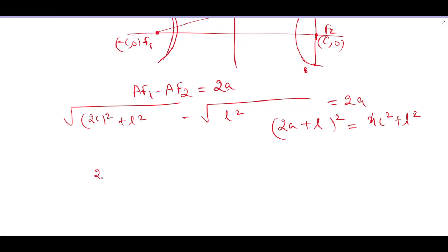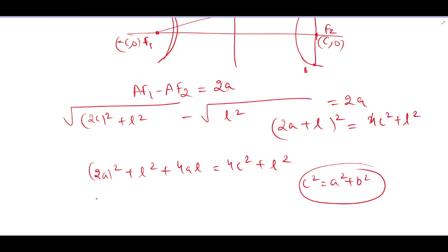So therefore we get 4A square plus L square plus 4AL is equal to 4C square plus L square, where C square is equal to A square plus B square in case of hyperbola. So we get 4A square plus L square plus 4AL equal to 4A square plus 4B square plus L square. So this will cancel out. So we get L is equal to B square by A.